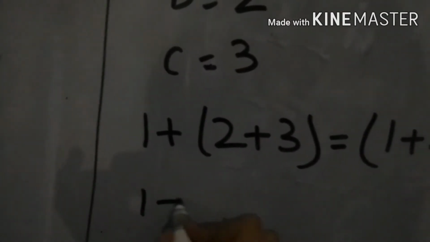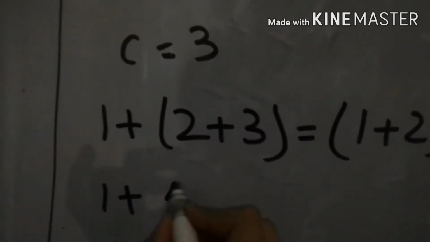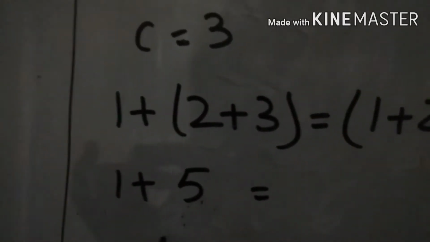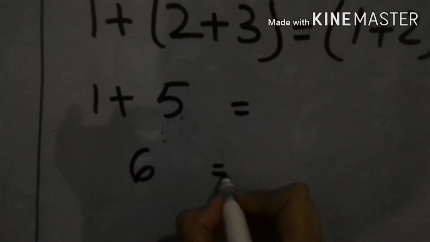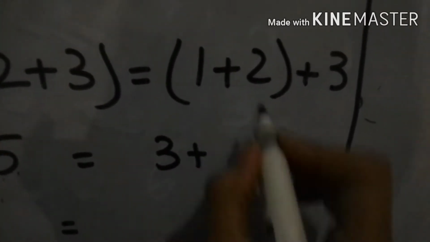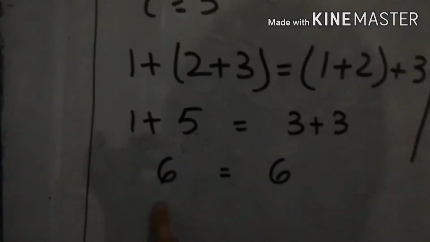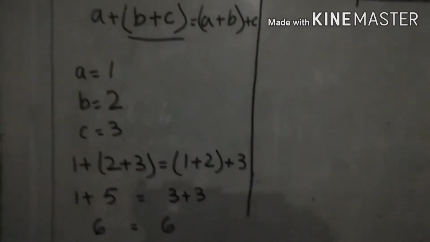First of all, we will solve these parentheses. 3 plus 2 is equals to 5 and 5 plus 1 is equals to 6. 1 plus 2 is equals to 3, plus 3, 3 plus 3 is equals to 6. The answer on both the sides is the same.